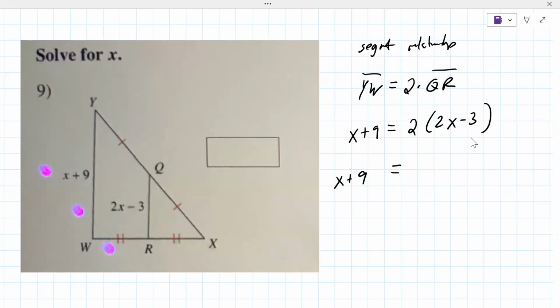So tell me what that becomes. What is 4x minus 6? Yes, very good. Okay, now from here you move from the smaller to the larger.